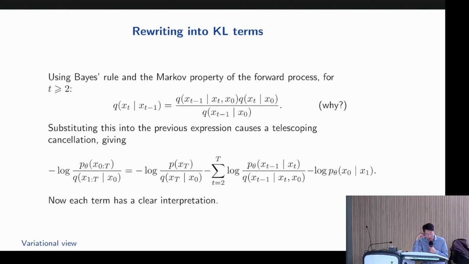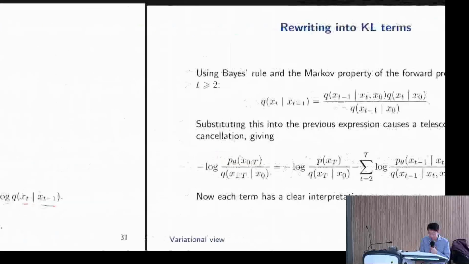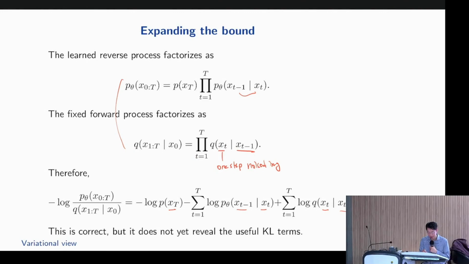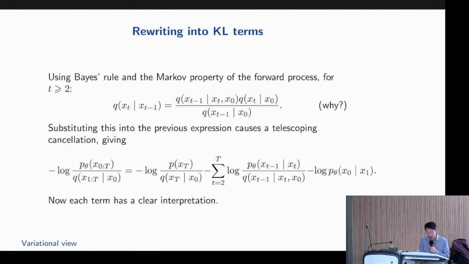Can anyone see or tell me why? So Q factorizes in this manner, and why is this true? Is this obvious? Why? At first glance, it doesn't look obvious because now we have this nasty x0. Without x0, this is just pure Bayes rule, right?